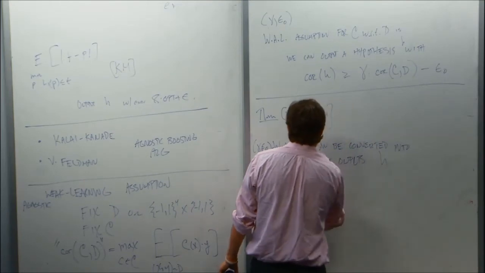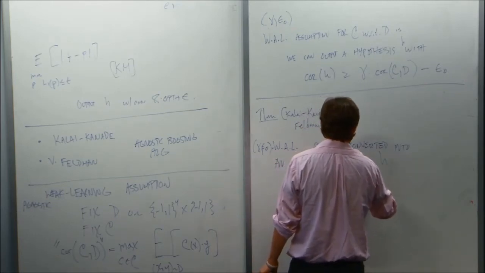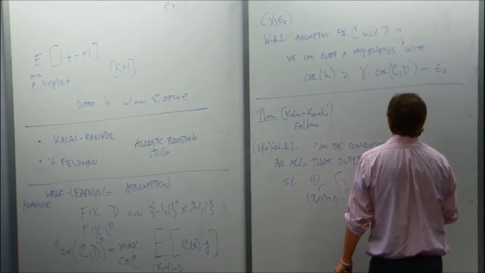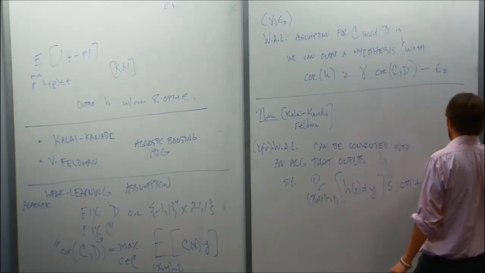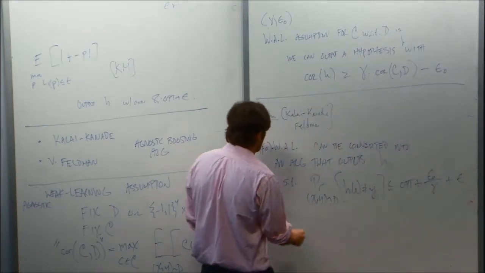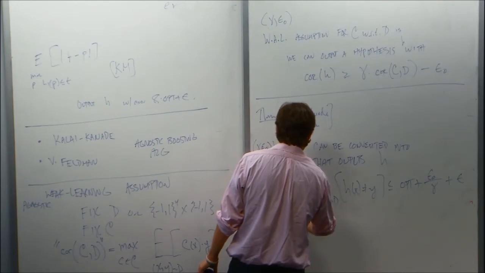probability, (x, y) chosen from D, that H of x is not equal to y, is at most opt plus epsilon 0 over gamma plus epsilon. And it runs in time poly in 1 over epsilon.